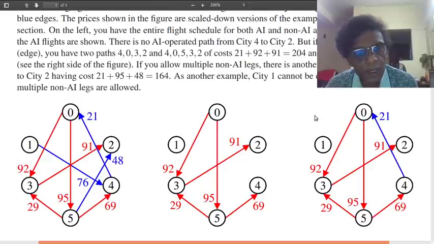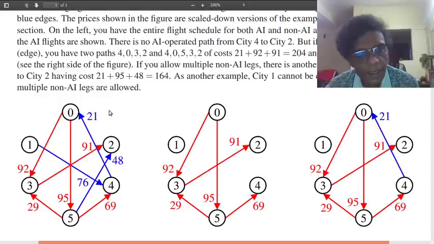Okay. So, how do you store such a graph? We recommend using an adjacency matrix representation. This is no longer an adjacency list, it's an adjacency matrix. So, if there are n cities, you maintain two n by n arrays.